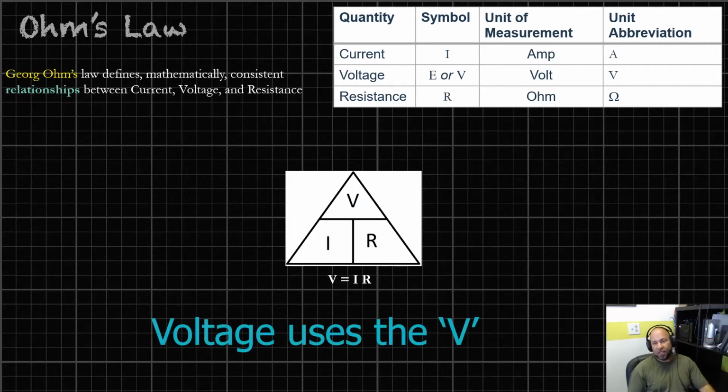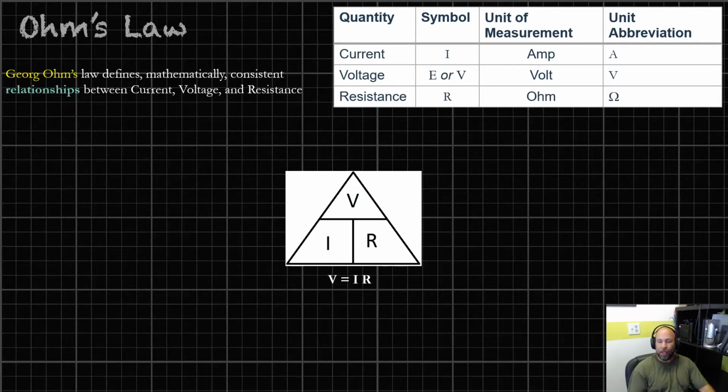And then the symbols that represent the current, voltage, and resistance in our formulas are fairly consistent. We use I to represent current. I believe the reason we use I was because it was a moniker for intensity. Voltage is often represented in a formula either as an E or a V. I'm going to use V even though the book uses E. I went to school learning V.